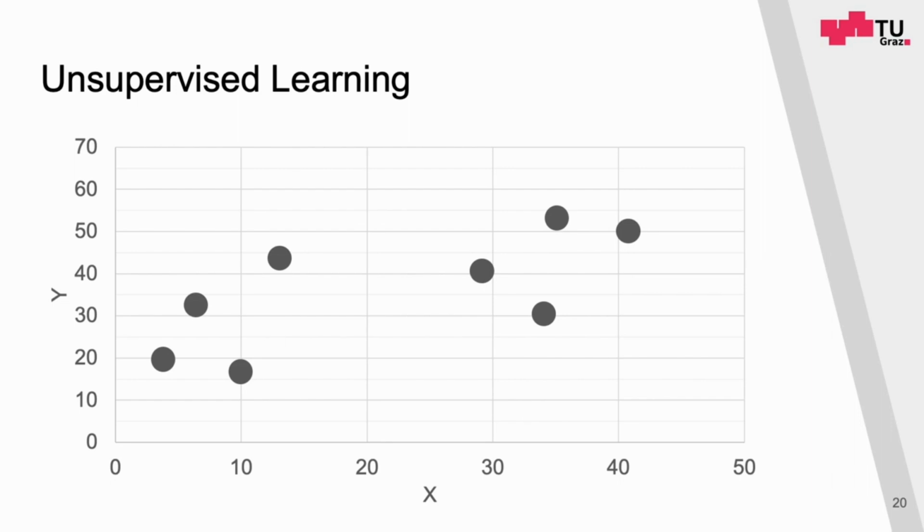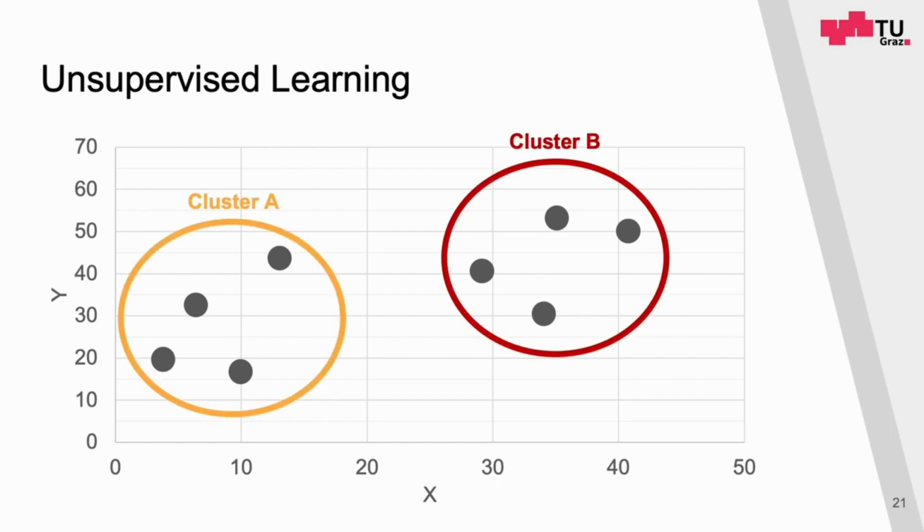And here, as you can see, we can identify two clusters. So here on the left-hand side, we have, for example, cluster A, and on the right-hand side, we have cluster B. And yeah, so we don't know the right answers. Therefore, the algorithm needs to find patterns on its own.